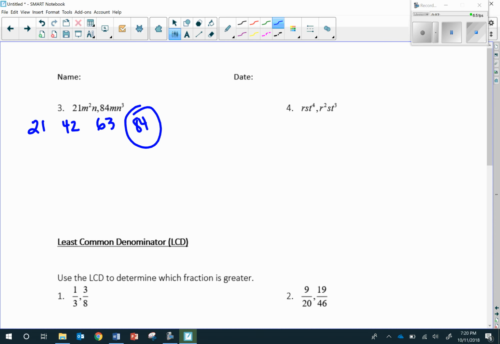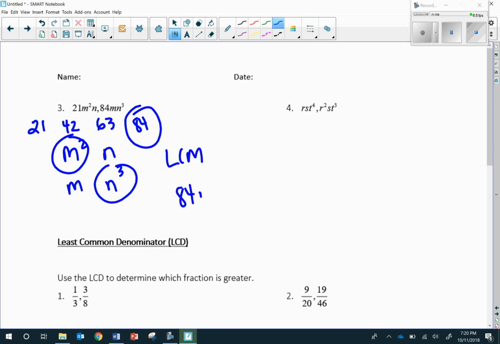So now let's look at our variables. We have m squared and m, and we have n and n cubed. So we're going to take the higher power of each. So m squared and n cubed, if we put them all together, our LCM equals 84 m squared n cubed.